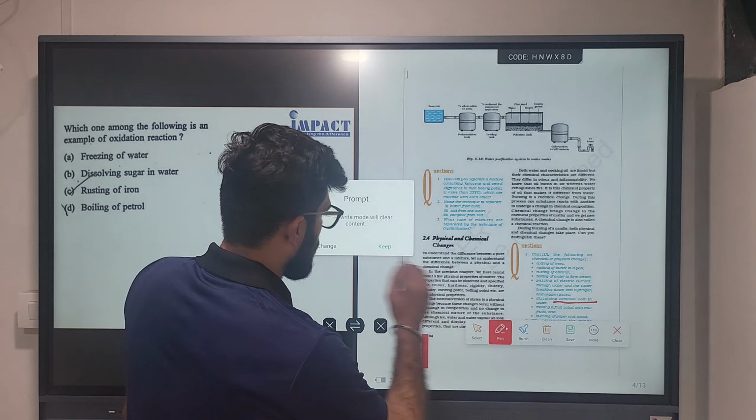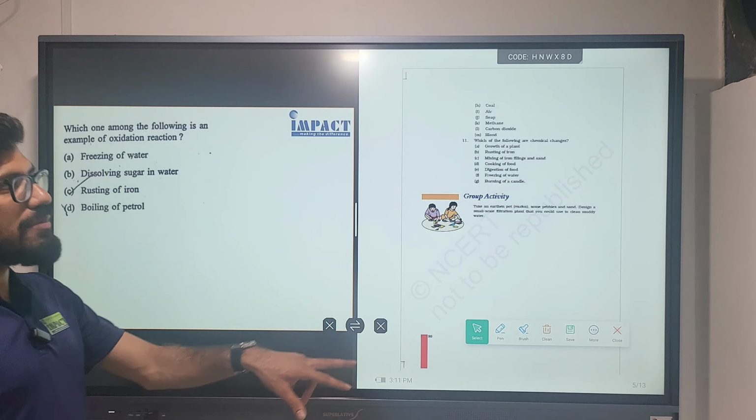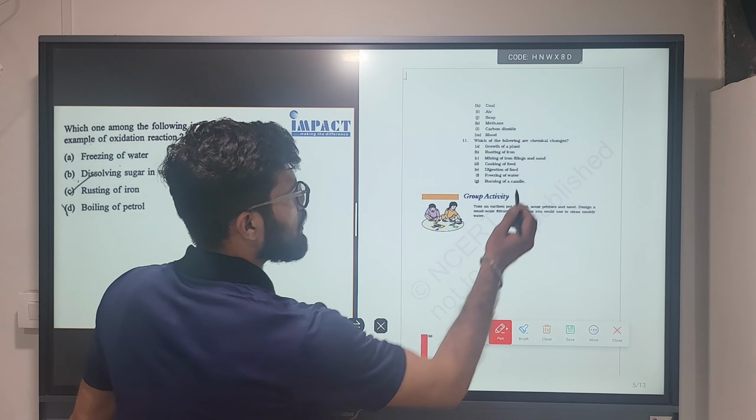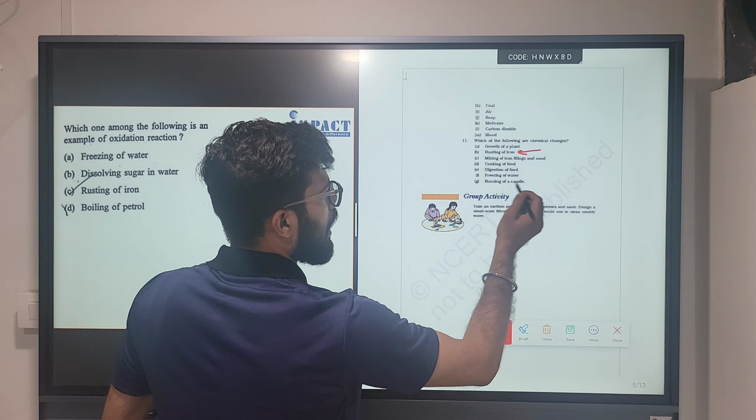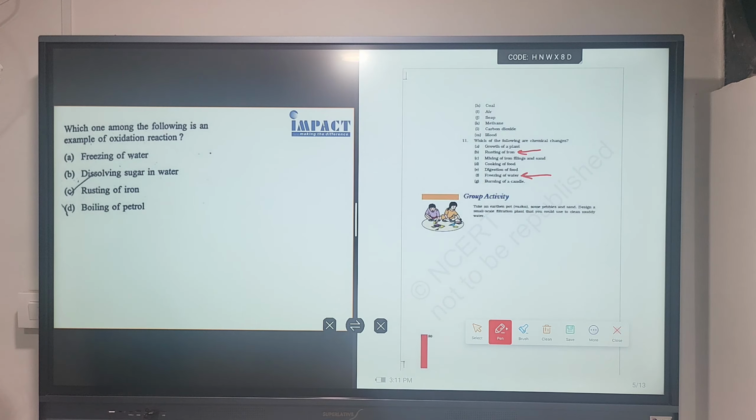If you check the next page, this is the question of the same chapter where you can see rusting of iron and freezing of water. They have taken the exact statements from the NCERT, nothing else. So the answer to that question was rusting of iron.